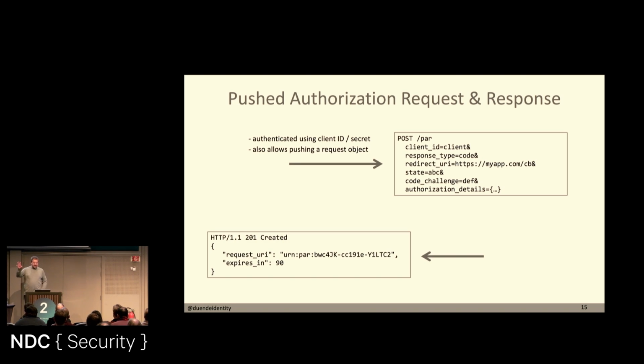And once we are happy with that, what we are returning back to the client application is basically a request URI. That's basically just a URN. The spec recommends using urn:par:GUID. And that represents your pushed parameters, and they will be valid for 90 seconds.